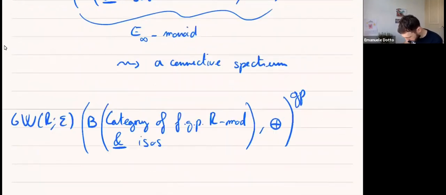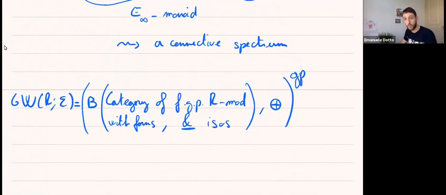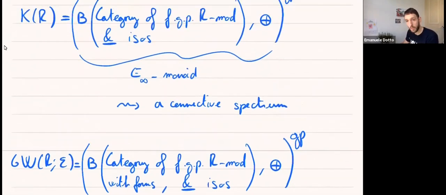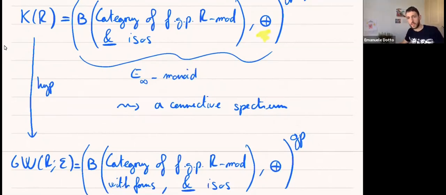So instead of taking finitely generated projective R-modules, I take those with a form. And I look at the isomorphisms as morphisms. This defines a perfectly fine category, and I do the same procedure. And because the hyperbolic map is in fact defined from a functor, I get a map of spectra for free. Well, I guess I need to know that the functor is additive too, but it is by definition.